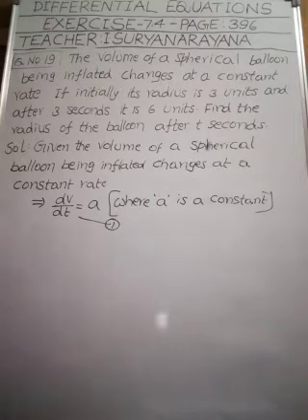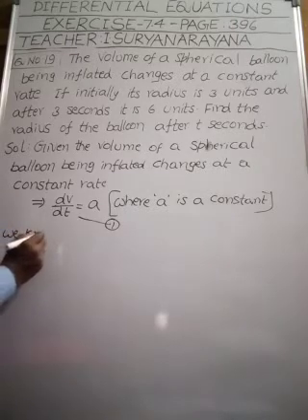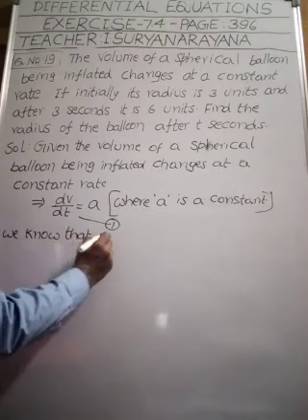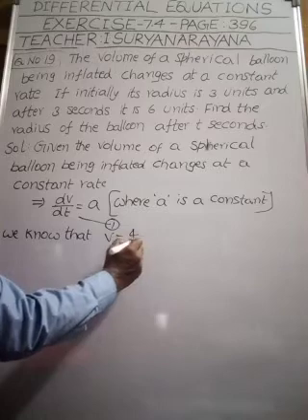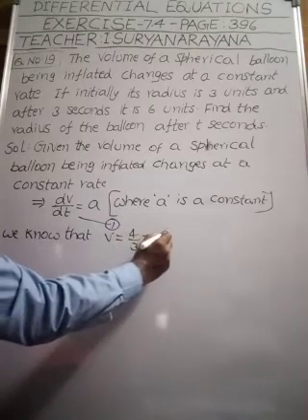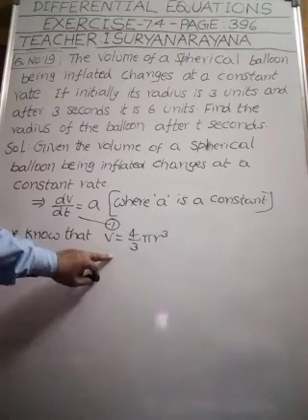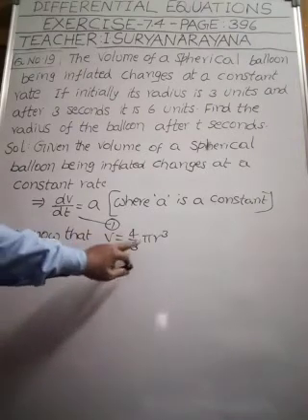What is the formula? 4 by 3 pi r cube. Yes or no, my children? Right. We know that V is equal to 4 by 3 pi r cube. This is the formula. Do you remember this formula, my children? Volume of a sphere, 4 by 3 pi r cube.